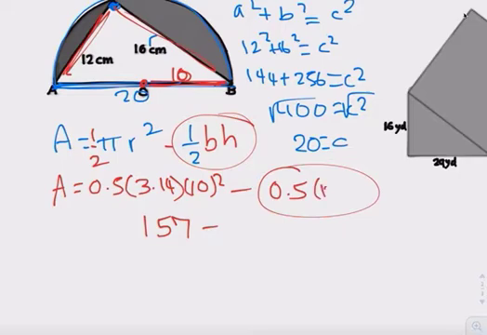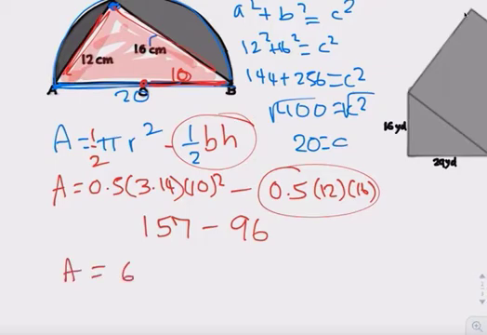We're doing the triangle now. If you look at the triangle in here, the base is 12, the height is 16. Use your calculator. 0.5 times 12 times 16 equals 96. So 157 minus 96 equals 61. The total area of the shaded region is 61 centimeters squared.